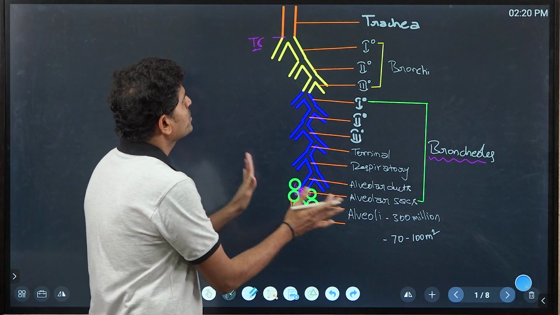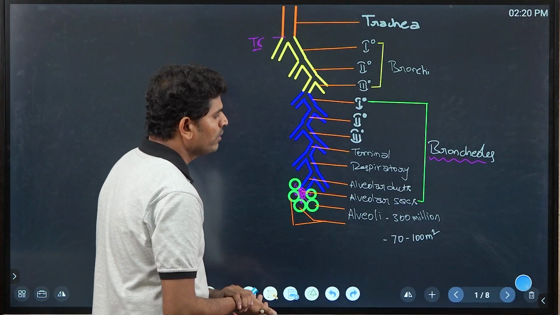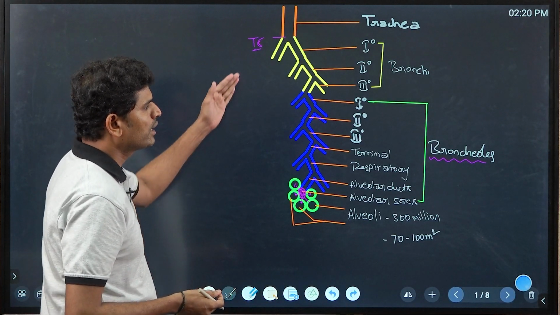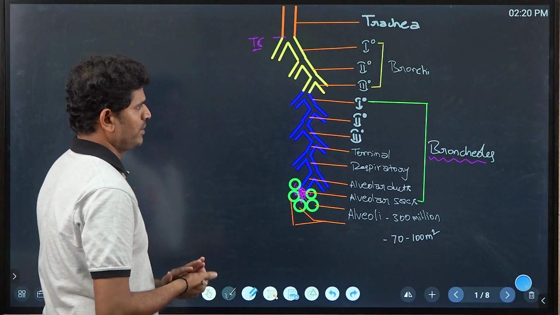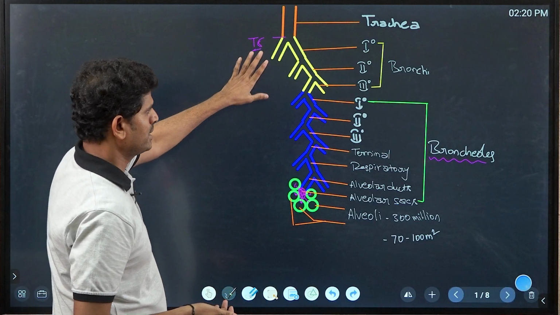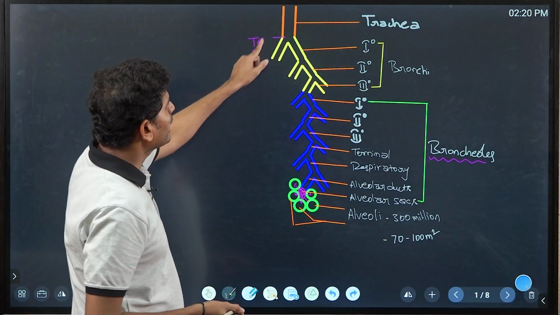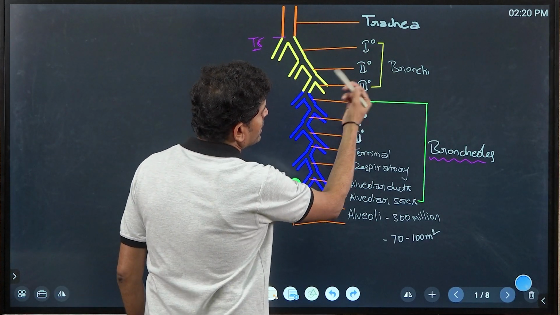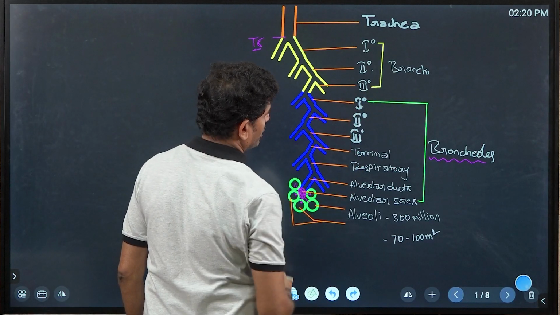This total respiratory tree is not clearly mentioned in NCERT, so an order-based question can be asked. So first of all I am going to revise that. The trachea divides into primary, secondary, and tertiary bronchi.